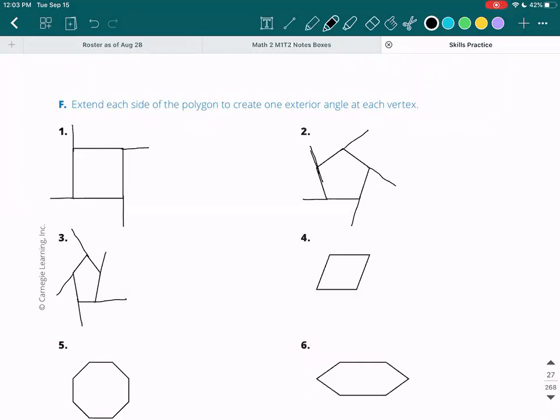So let me do another one. Okay. Any questions about 1, 2, 3, 4? So we're only supposed to add one line. Yeah, one line for each corner.